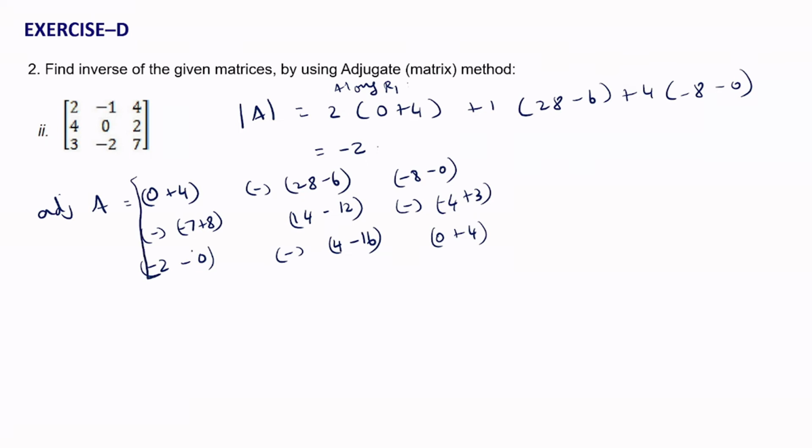The whole transpose. So here the first row becomes the first column. So this is equal to 4, minus 22 and minus 8. Then the second row becomes the second column. So it is minus 1, 2, 1. Then the third row becomes the third column. Minus 2, 12 and 4.